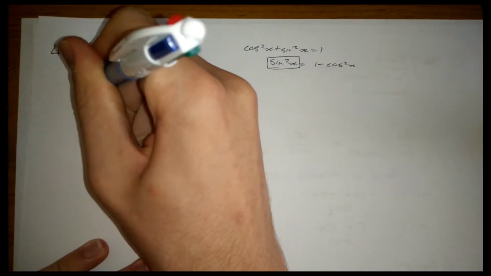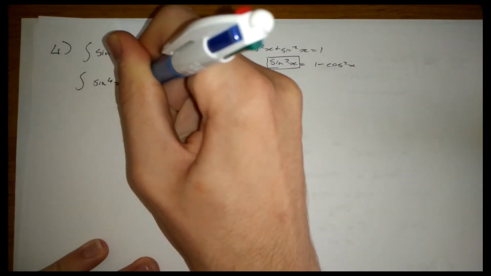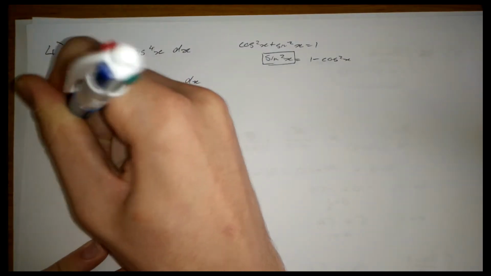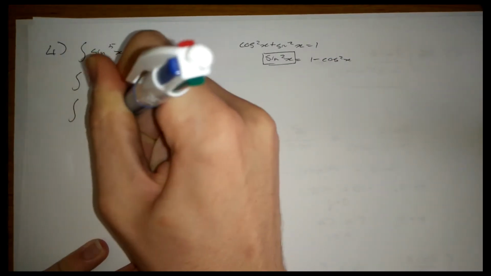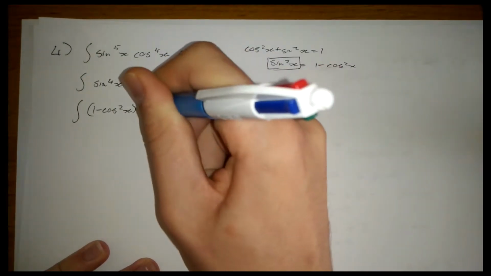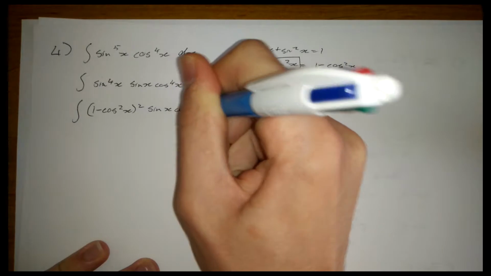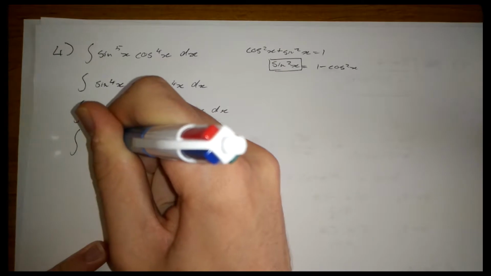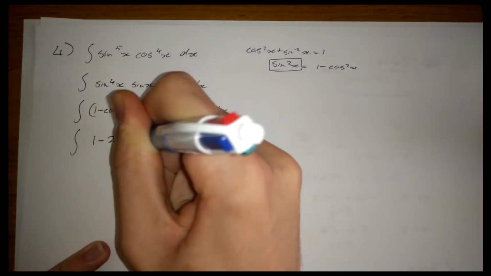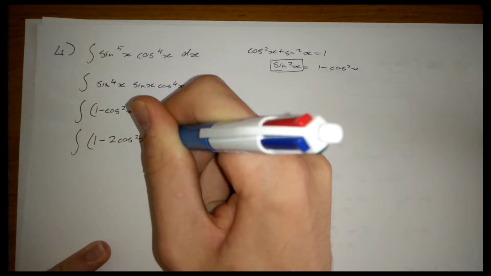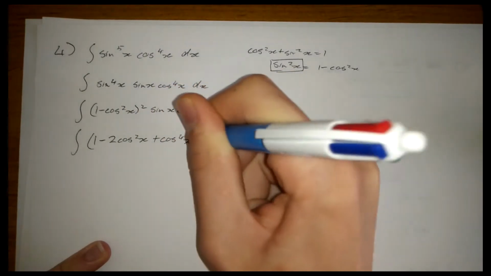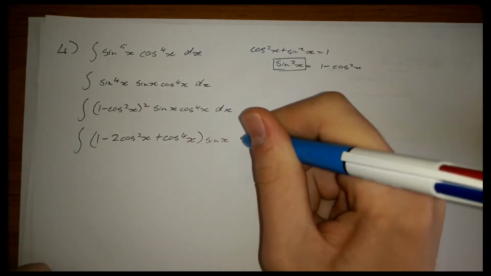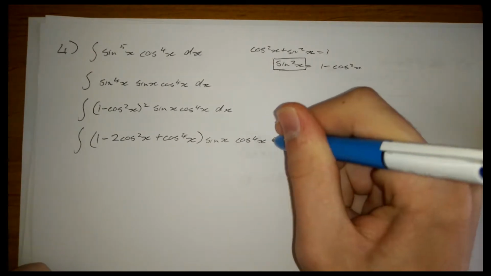So if we have sine to the 4x sine x cos to the 4x, now we can do 1 minus cos squared x to the power of 2 sine x cos to the 4x dx. Meaning that goes to 1 minus 2 cos squared x plus cos to the 4x, sine x cos 4x dx.